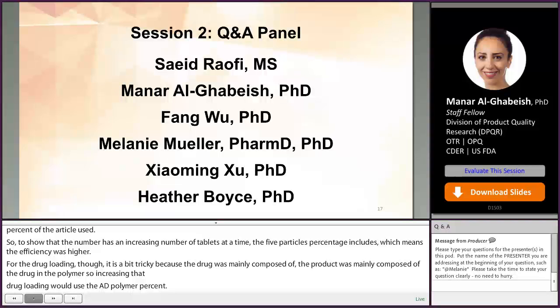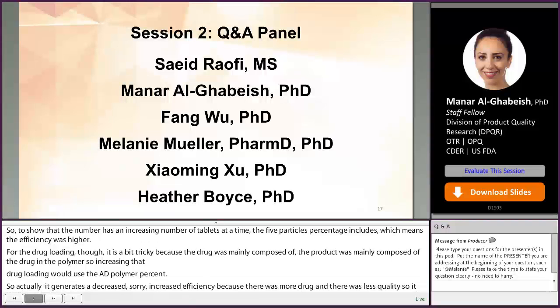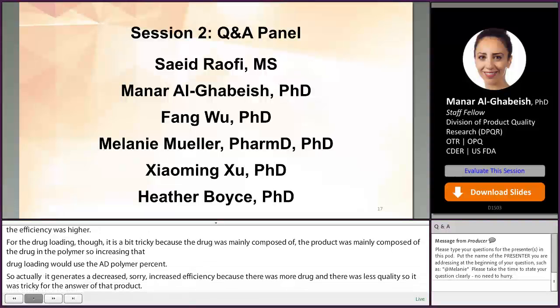This was a bit tricky for that specific product. Also, what's shown in that particular study is that when milling the product, the milled product has a different percentage of the drug, which could differ between products. And that was an interesting observation.